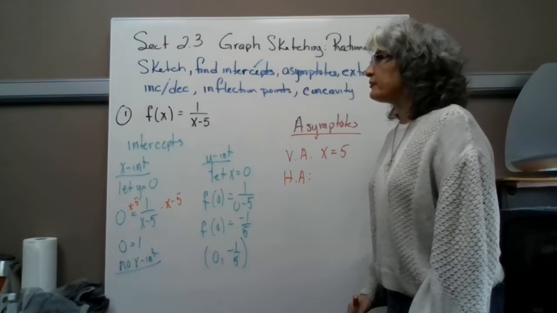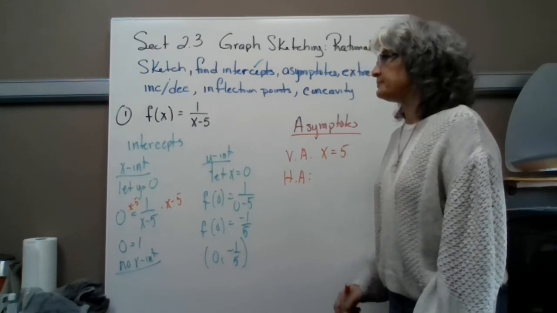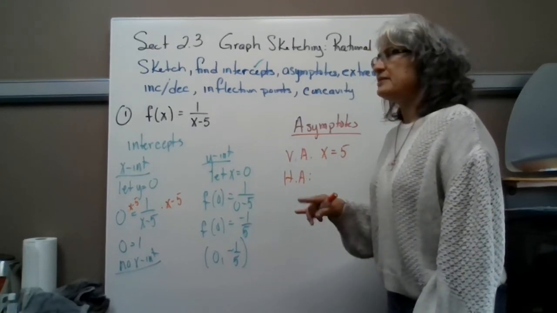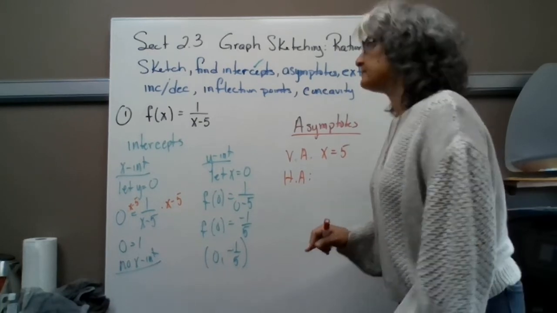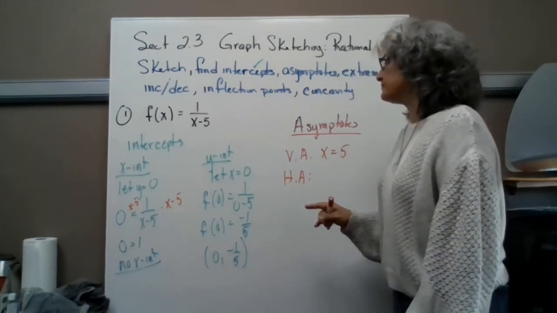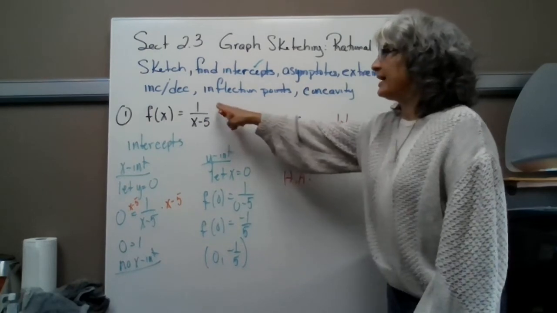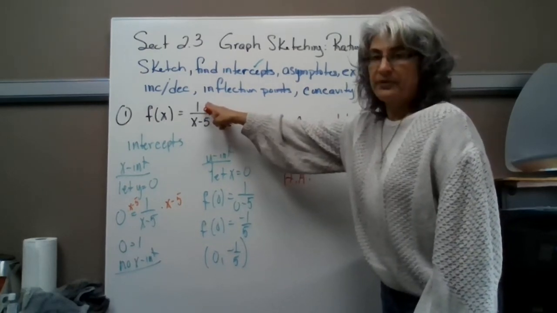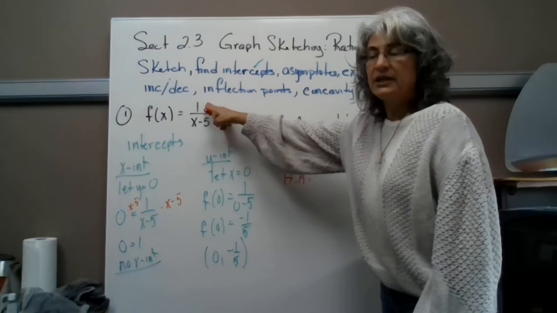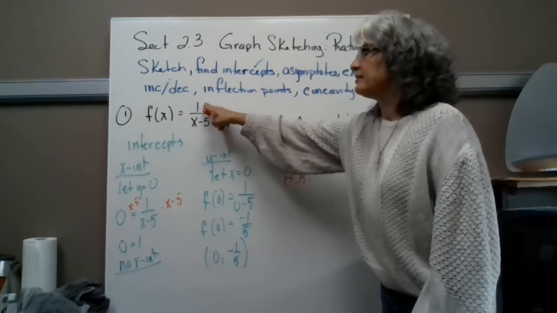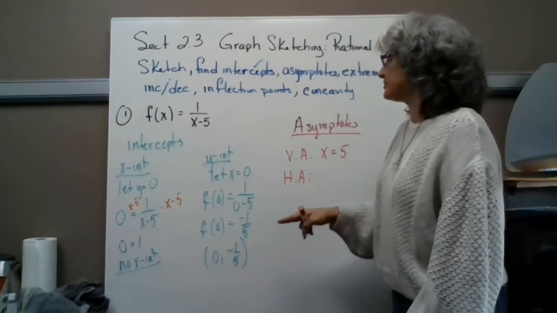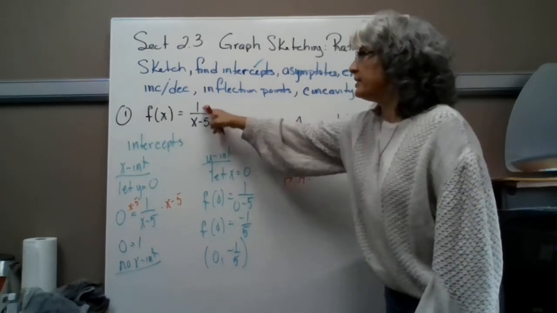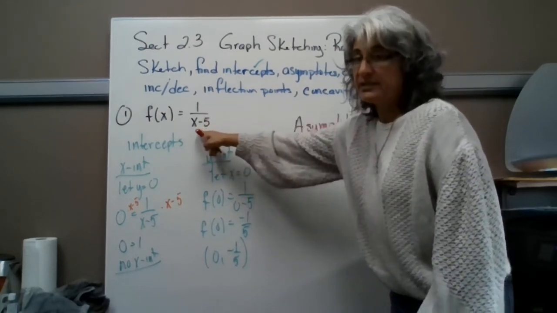Horizontal asymptote. So remember, for the horizontal asymptote, you are basically finding the limit. So we look at the lead term in the numerator and the lead term in the denominator. That's going to be 1 over x, right?